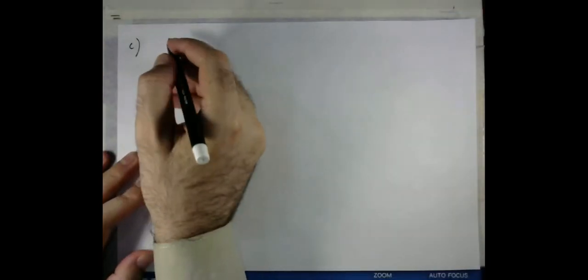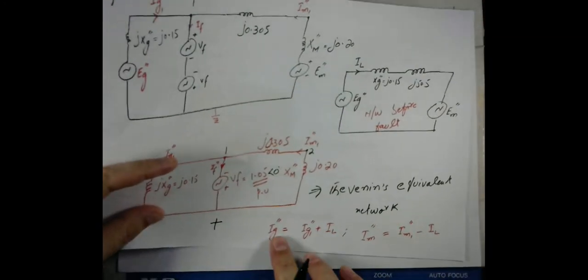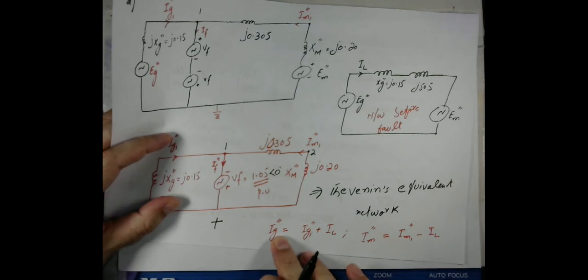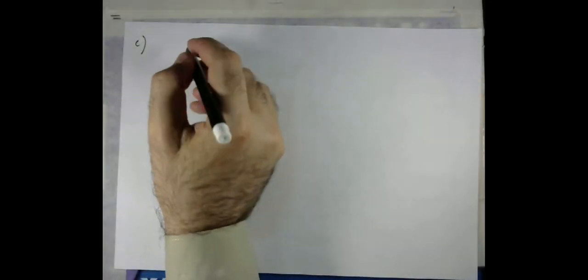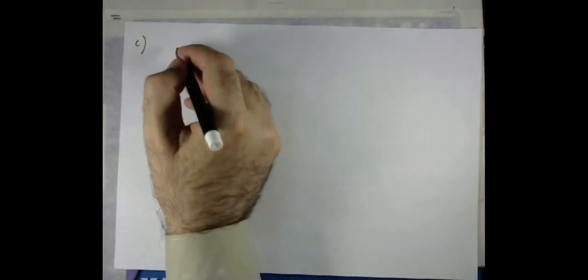So now let me find the values. So the subtransient, the C part was, once again we are solving the C part. And now, as I mentioned before, the subtransient fault current from the generator will be equal to the sum of this one plus this one. So now the subtransient generator and motor current.